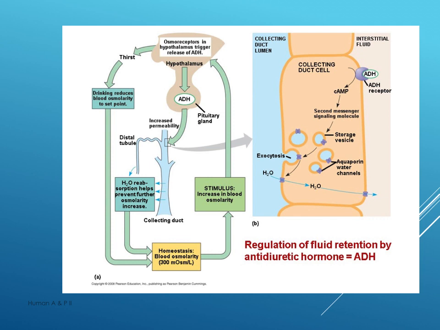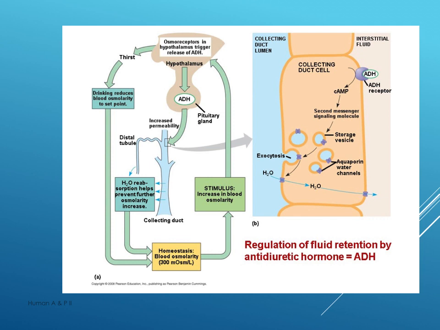Another important hormone that I mentioned is antidiuretic hormone, ADH. Thirst centers in the hypothalamus are close to osmoreceptors that detect how salty or how watery the blood is. And that triggers thirst, but it also triggers the hypothalamus to cause the pituitary gland to release antidiuretic hormone. That works on the collecting duct, and it causes that duct to be more permeable as it goes down through the medulla.